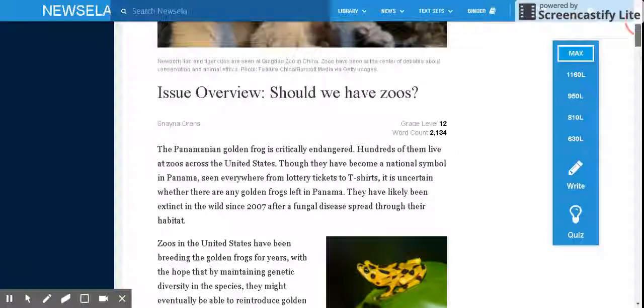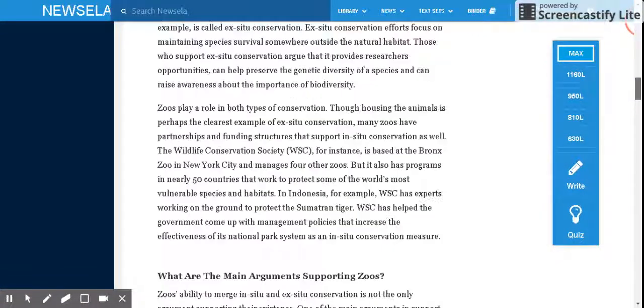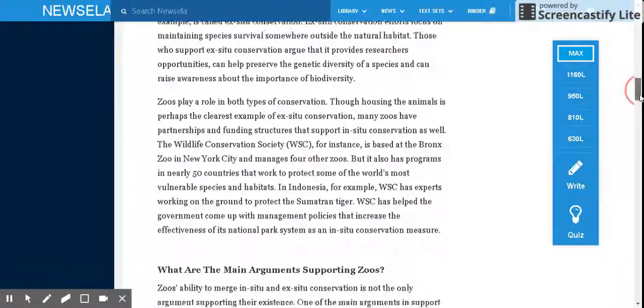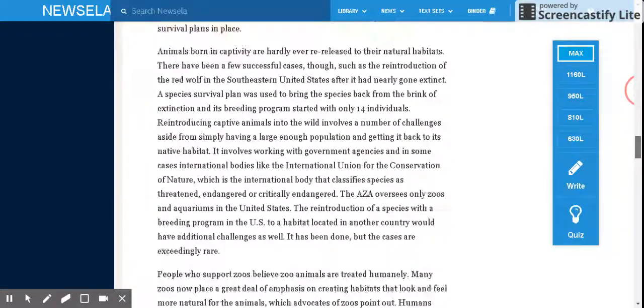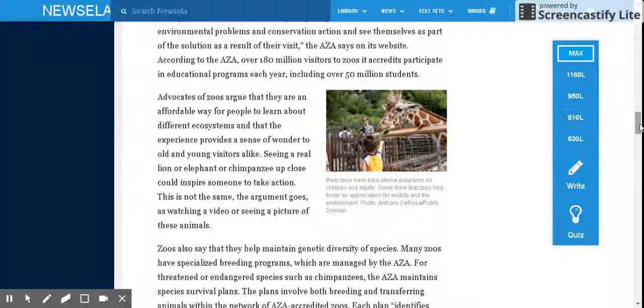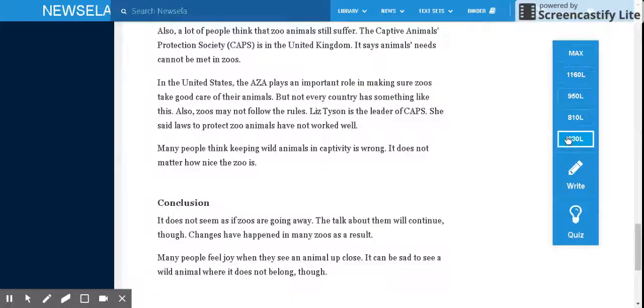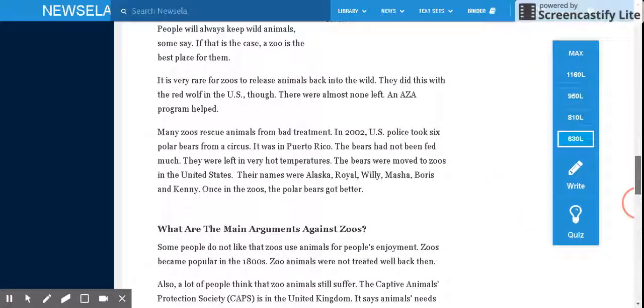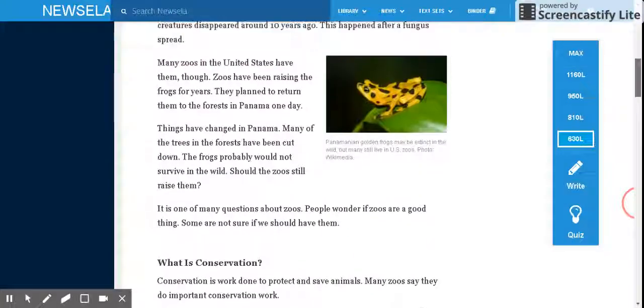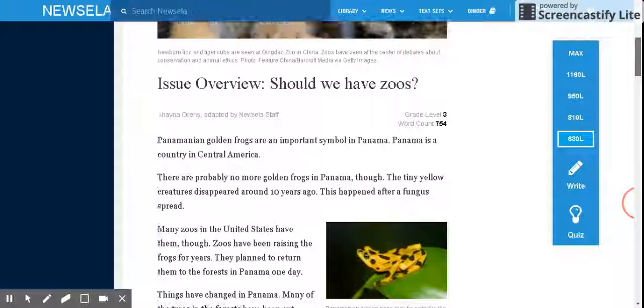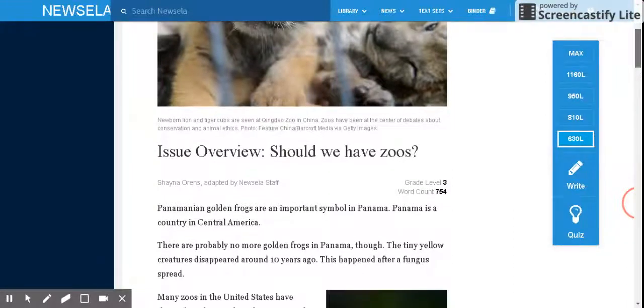So if we look at the article here at the max, the article is very long, very complex. The sentence structures are much longer. There's a lot of advanced information in the article. And if I click down just to the lowest level, just for comparison, to the 630 Lexile, and I look at that article, it significantly reduces the number of words in a sentence, the number of words in a paragraph, and just kind of gets to the gist of the article for someone who is reading at a lower level such as that.